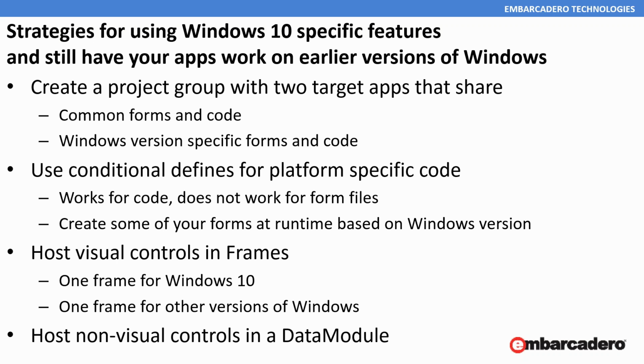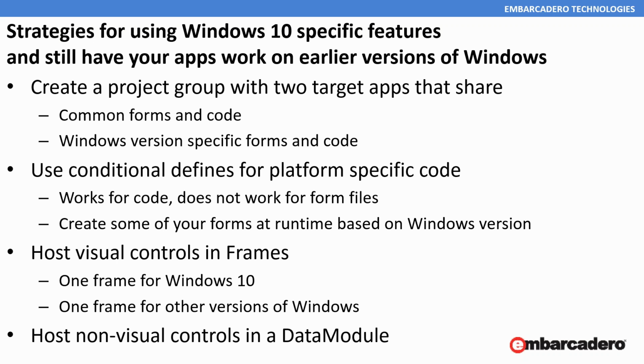And then have Windows versions for Windows 10 specific forms and code for the Windows 10. Some duplication, but since you could share a lot of the existing code and isolate some of the Windows 10 specifics, then you have that possibility just with a project group in two projects and shared project nodes between the two of them. Of course, you could use conditional defines based on the platform version numbers that we provide.